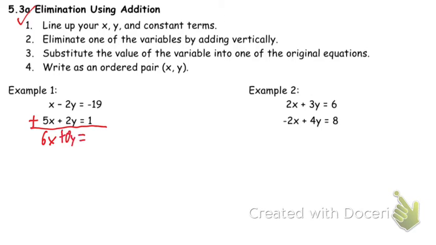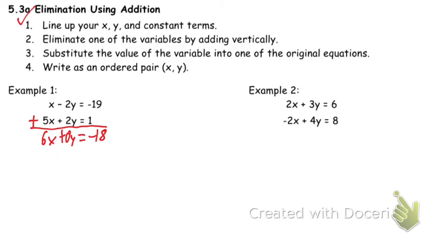Equal sign, negative 19 plus 1, which is negative 18. So now we added those and combined them into one equation: 6x plus 0y equals negative 18.